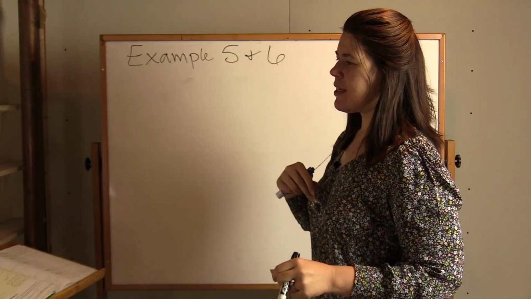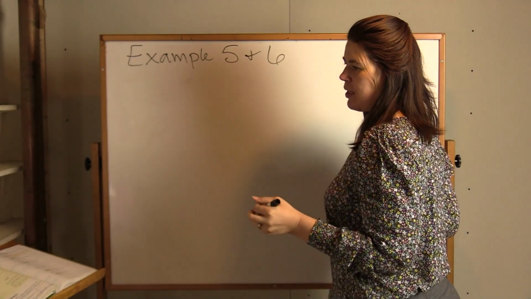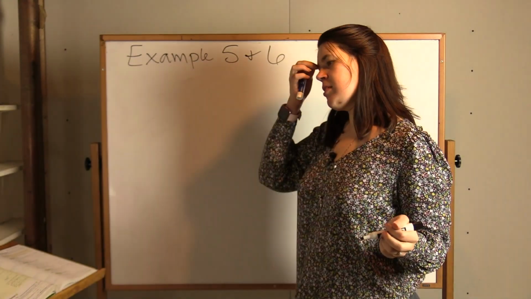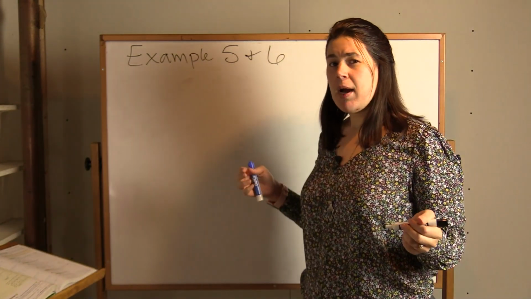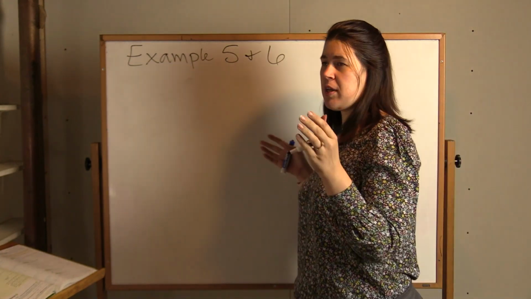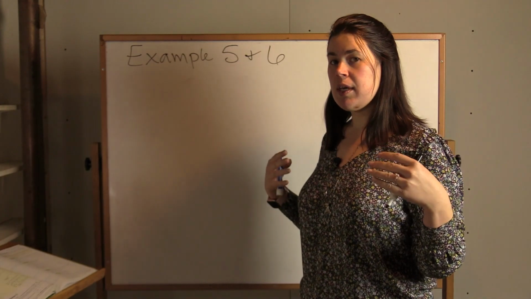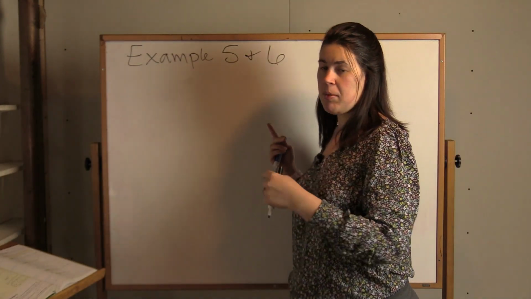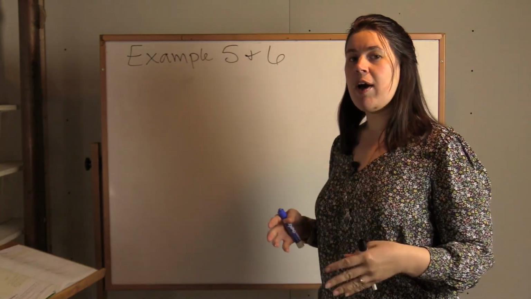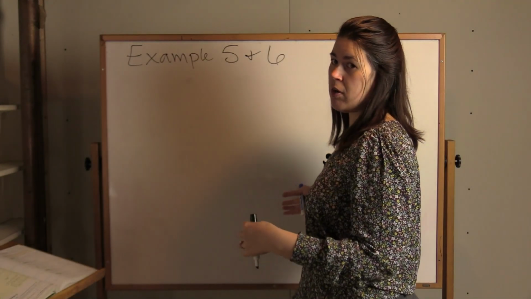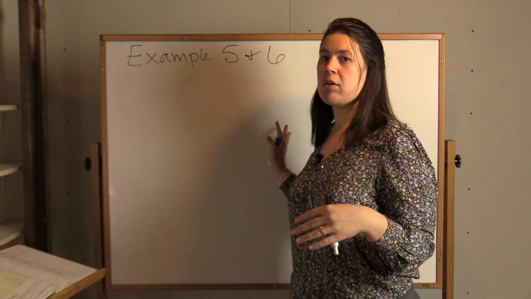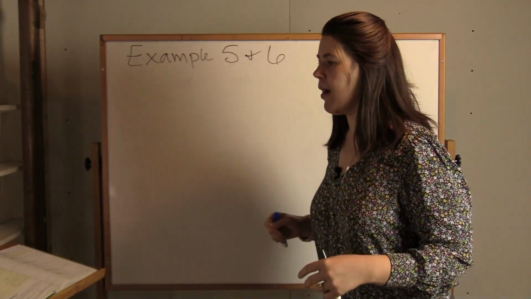Okay, so it says factor each binomial. In this case, the example problem we're going to do is pretty much covering your example 5, and then we're going to complete number 6, but only the practice problem. So 5 will be together, 6 will be on your own, and then of course you can come back and look at my answer on 6 and make sure that you've done it right.